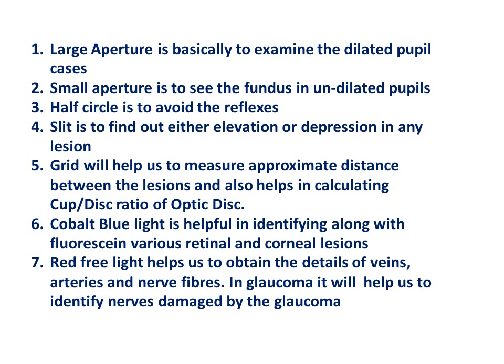Small aperture is to see the fundus in undilated pupils. Half circle is to avoid the reflexes in other part of the cornea, so that you can easily discern the details of the posterior segment.